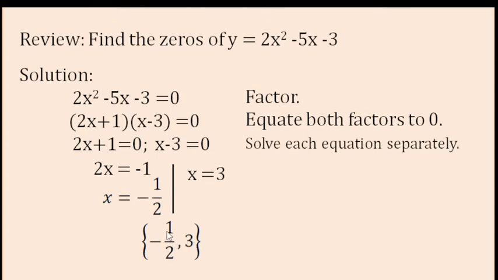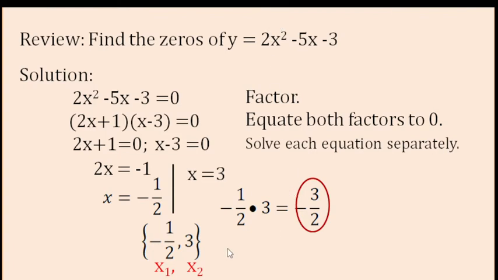We will let negative 1/2 be our first zero, x sub 1, and 3 be our second zero, x sub 2. If we multiply these two zeros, negative 1/2 and 3, we will have a product of negative 3 over 2. Comparing this negative 3 over 2 to our quadratic function, it is just actually the last term, negative 3, over the leading coefficient.